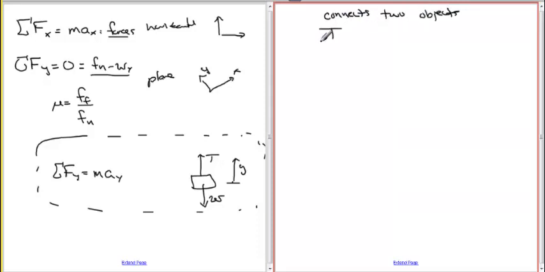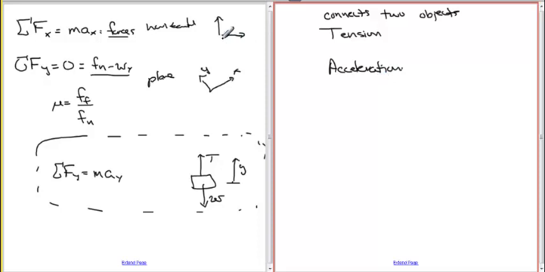So connecting two objects that are multi-part is the tension in the rope that connects the two, and the acceleration. And that depends upon whether it's equal to or whether it's equal to the negative of. You can watch the review, you can watch the examples and hopefully understand that.